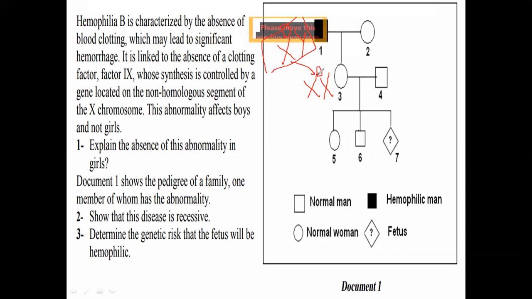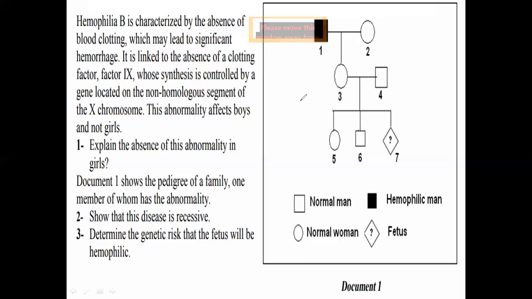But she's normal, so it's not the case. So the allele of the disease is recessive, since individual 1 is affected and carries only one copy of chromosome X, so it's Xd Y, and it's transmitted to the female 3.